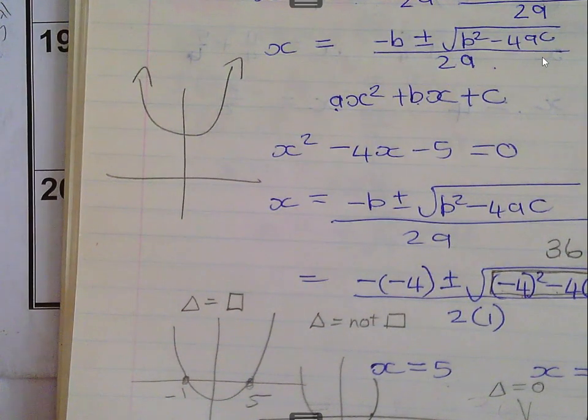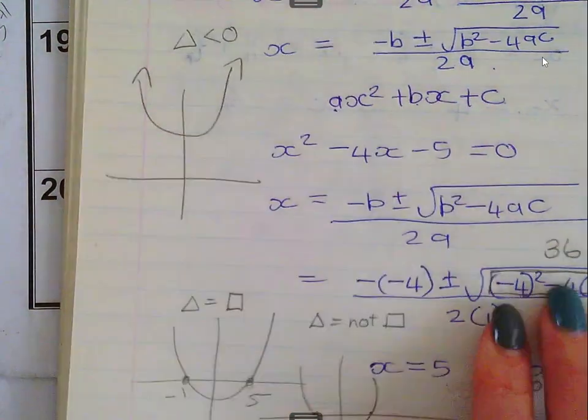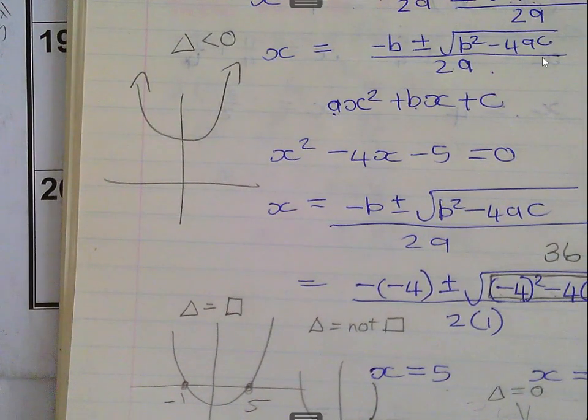The square root of a negative is non-real. It doesn't exist. That means your delta will be smaller than 0, because you're going to take the square root of a negative number, and that means the roots don't exist.